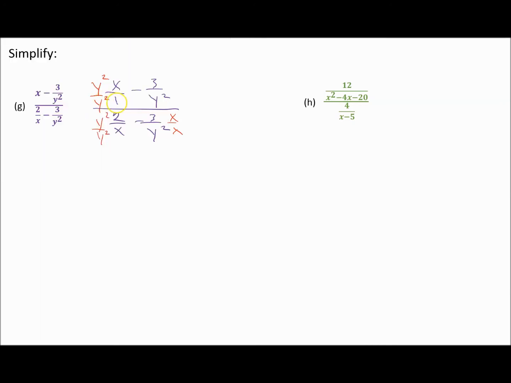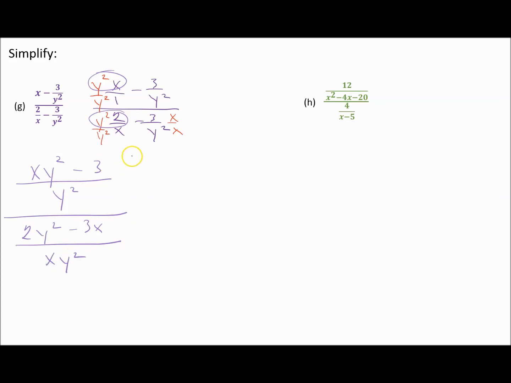Alright, so I have xy squared here minus 3 over y squared. Okay, big fraction bar, which is the original fraction bar. Here I have 2y squared minus 3x over my common denominator with xy squared.